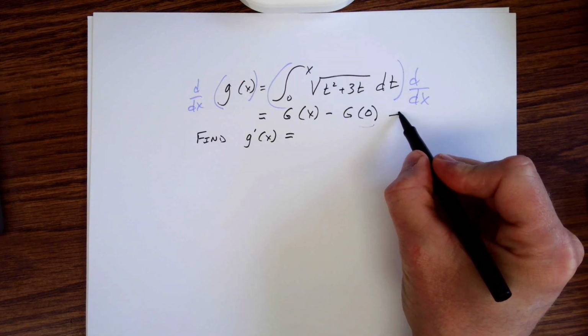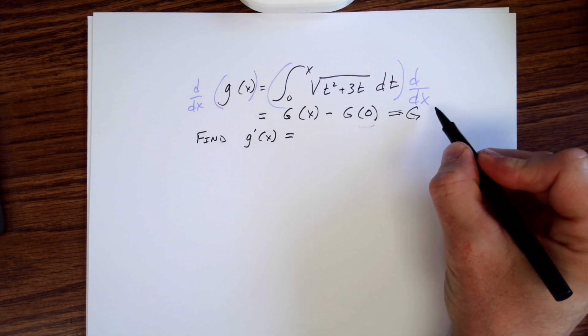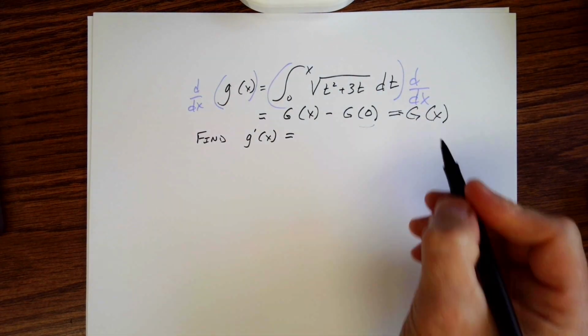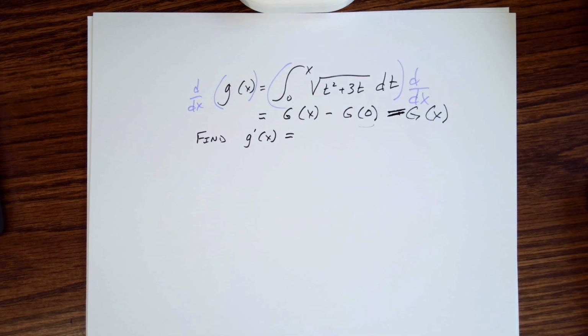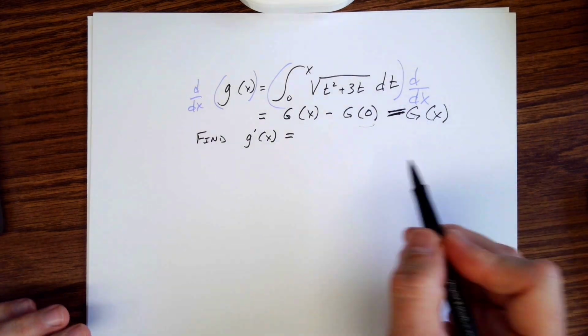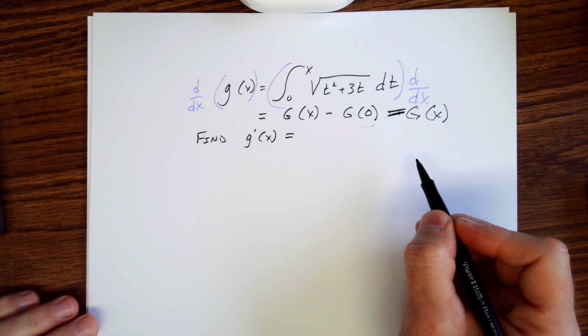So really what this ends up being is G of x, the integration of g of x. That's an extra little typo there, sorry about that. I guess I didn't need to use capital G's, little g's would have been just fine here.